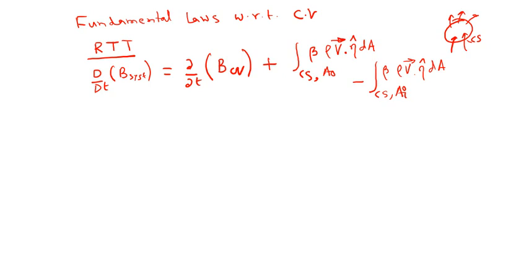So this integration is over the area through which it is coming in, and the other over the area through which it is going out. This is the Reynolds transport theorem.